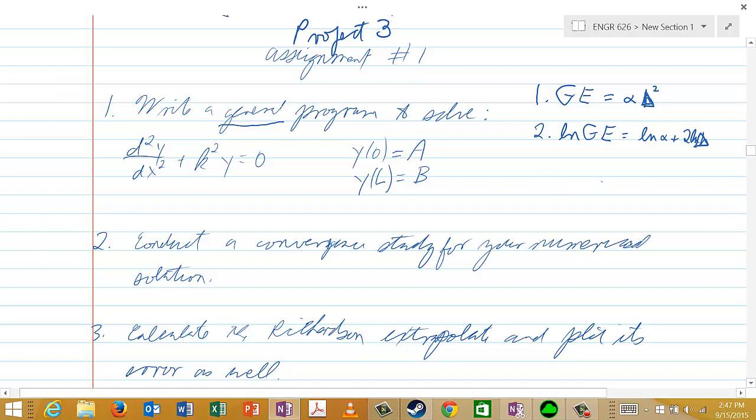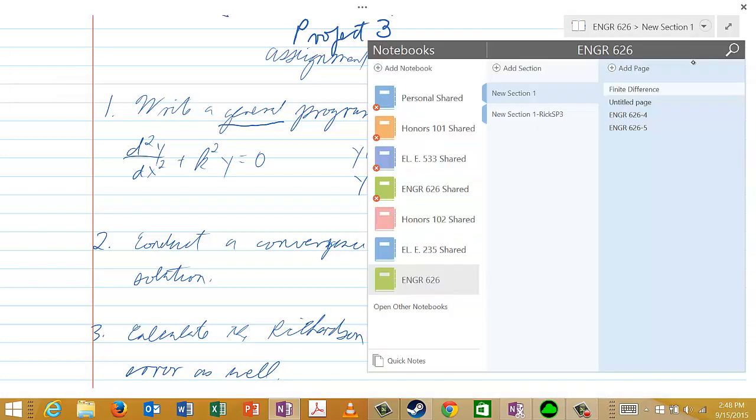And when you do the Richardson Extrapolate, I want you to again produce these two graphs of the global error as a function of delta. Now it will no longer be delta squared, but just produce global error as a function of delta, and the log of global error as a function of log of delta. So let me go to a different page now and summarize all this for you.